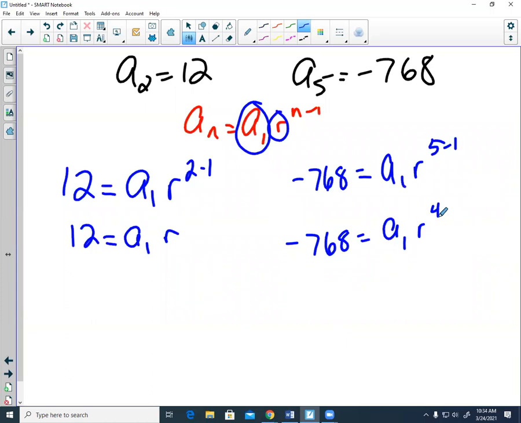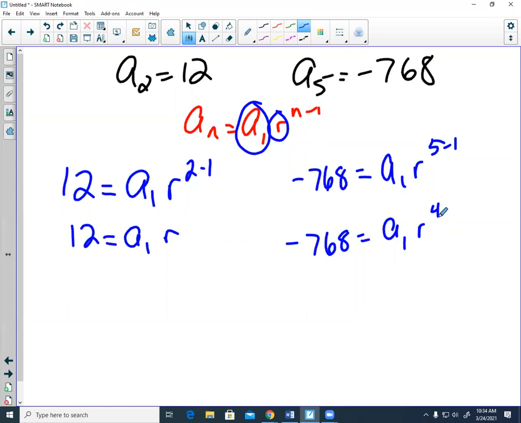What I would do is I would always use the equation with the smaller r value first, and I would always solve for a1. I would use substitution on this more than I would use elimination. And I would always use the one that has the smaller r power.